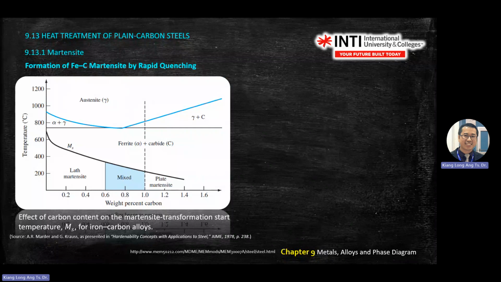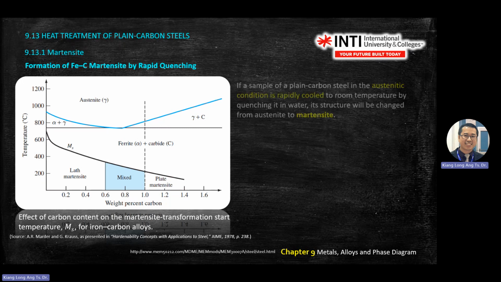Heat treatment is how to make a steel become stronger and stronger. This one also you read. It's information for you, how to get martensite. Okay, martensite.